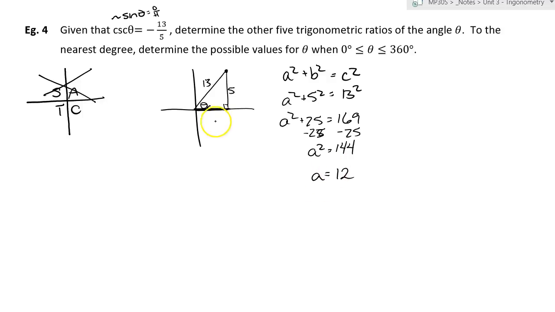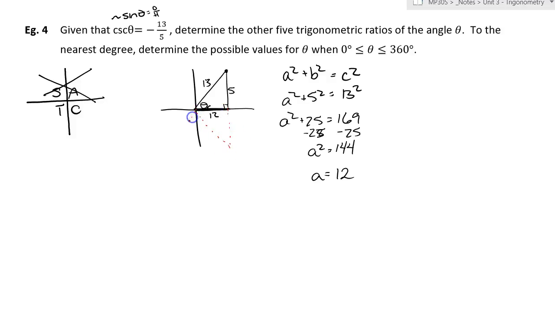Once you have the value of 12 here, we've been able to establish all of those different sides, but you have to note that cosecant is negative, which means that this 5 should actually be negative.